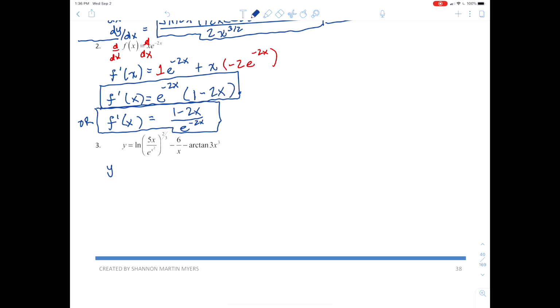So we'll get y equals 2/3, our power rule, times natural log of 5x minus natural log of e raised to the x squared, and then minus 6x to the negative 1 minus arctangent of 3x cubed. So I haven't differentiated at all, I've just rewritten it to be prettier.